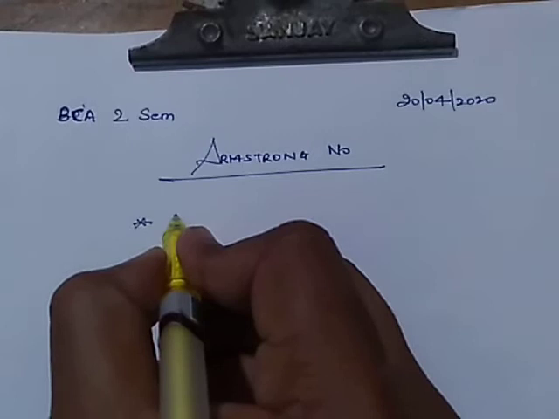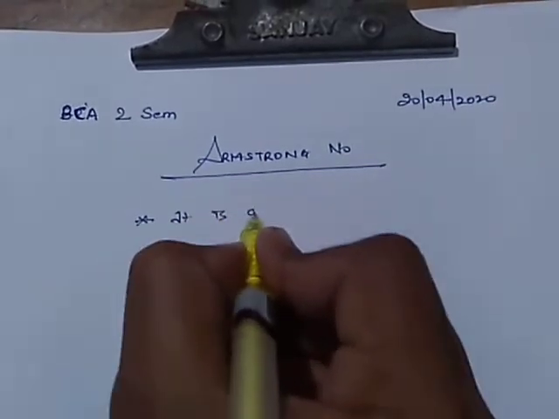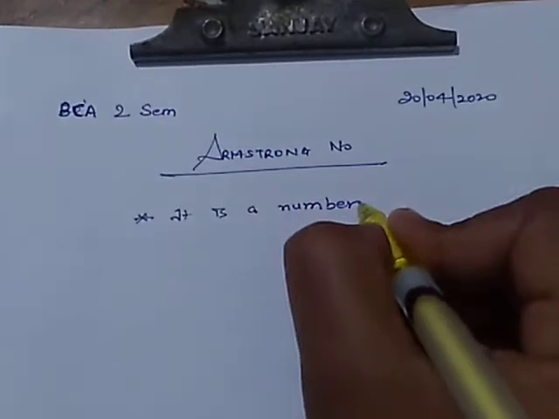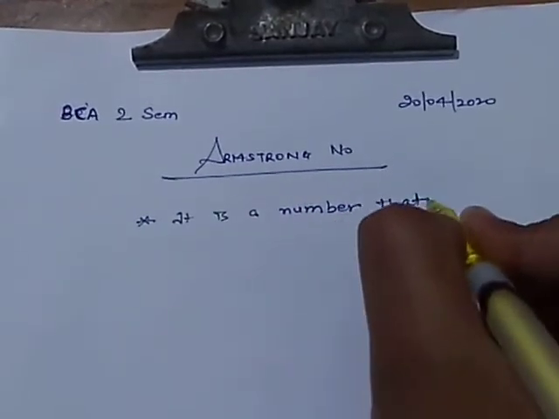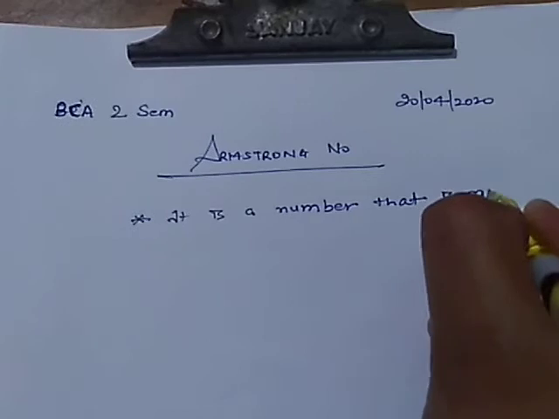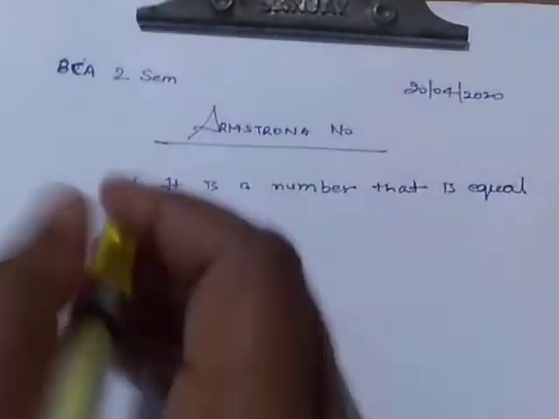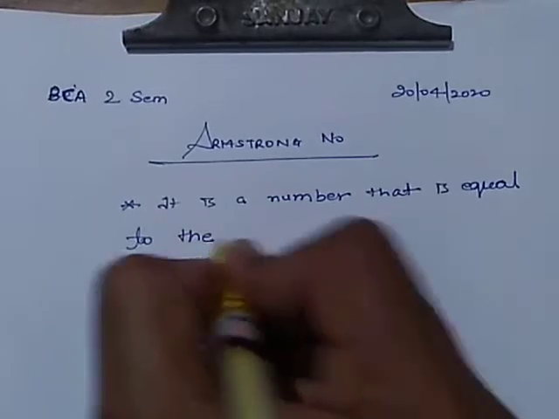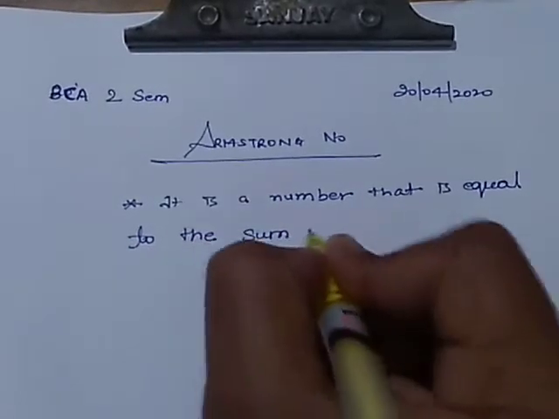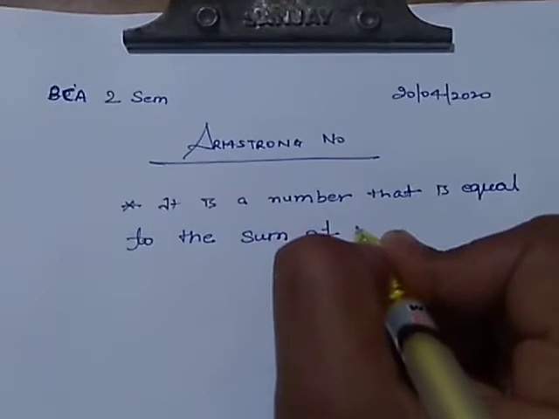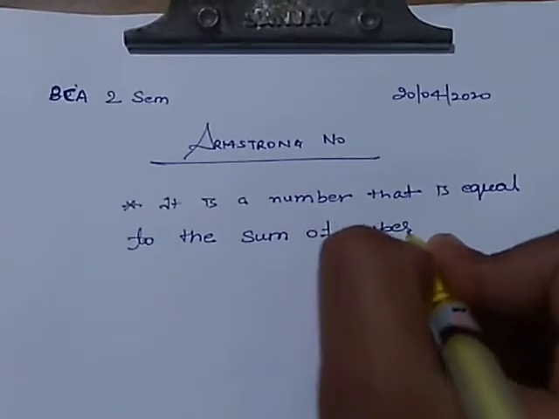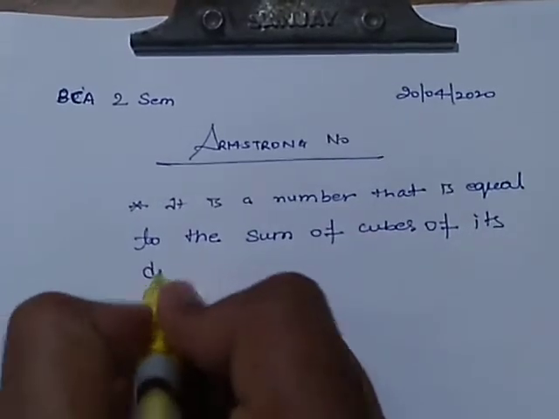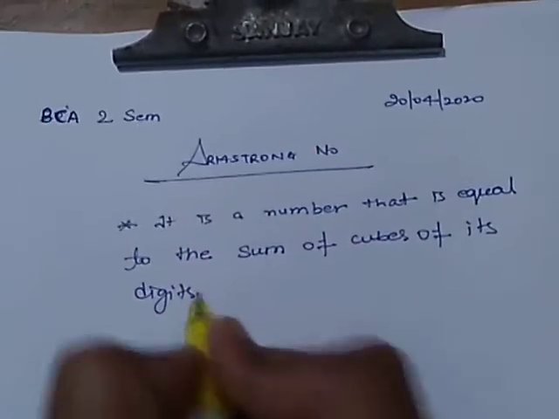Armstrong number is a number that is equal to the sum of cubes of its digits.